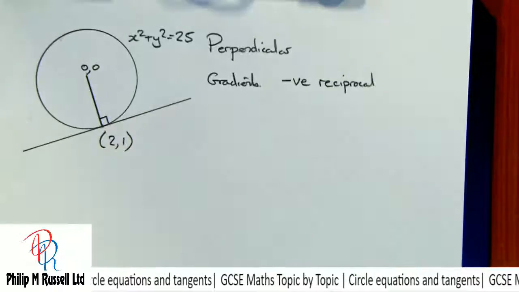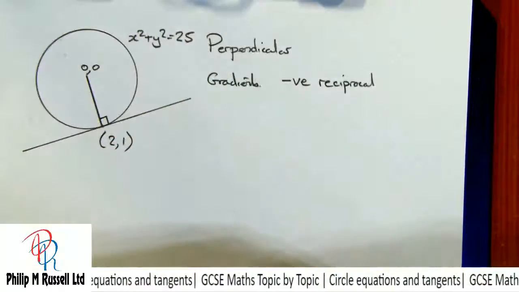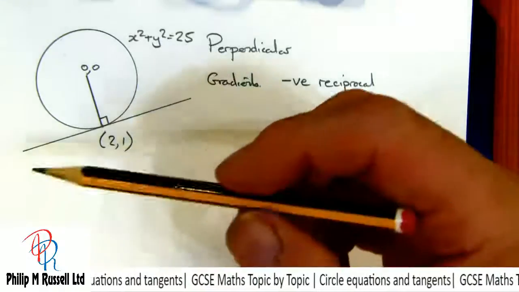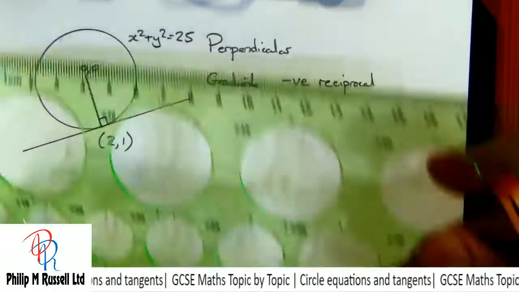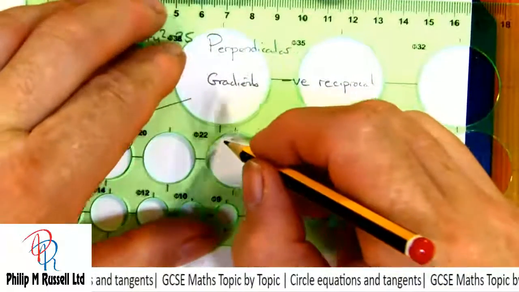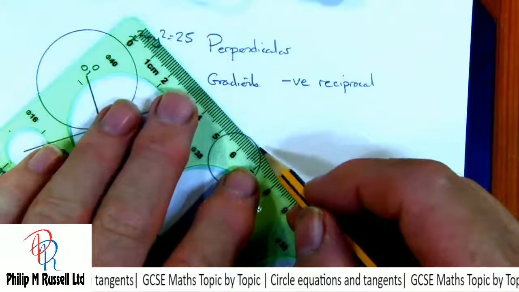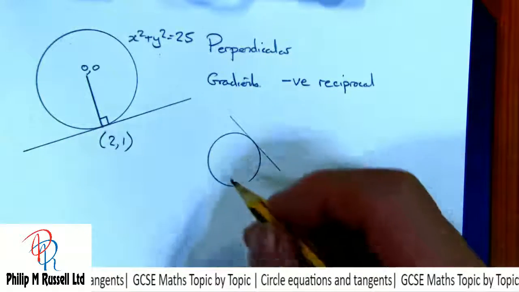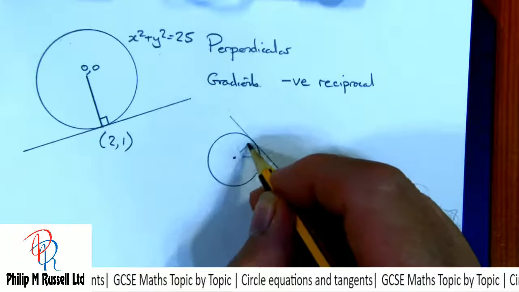Now my diagram isn't strictly accurate here, because if it were going to do that, then this circle would probably look more like this, because it's going to be in the positive position.